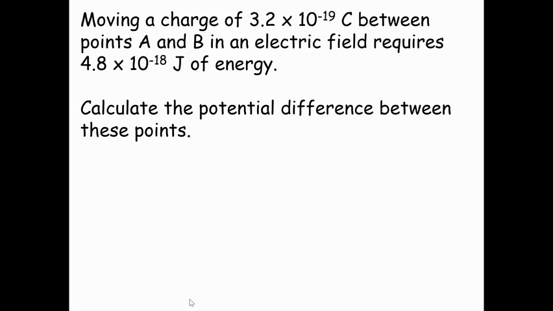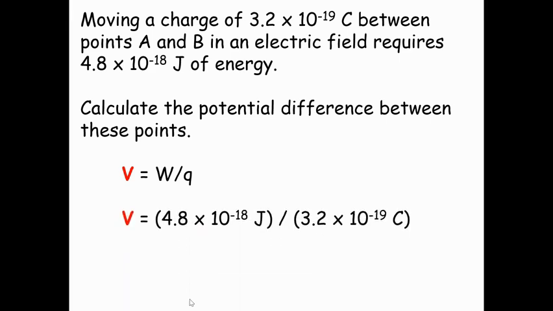We have to calculate the potential difference between these points. Potential difference or voltage is equal to work per charge. That much work, 4.8 times 10 to the negative 18 joules of work, divided by the amount of charge, 3.2 times 10 to the negative 19 coulombs, gives us 15 volts, or 15 joules per coulomb, as our potential difference.